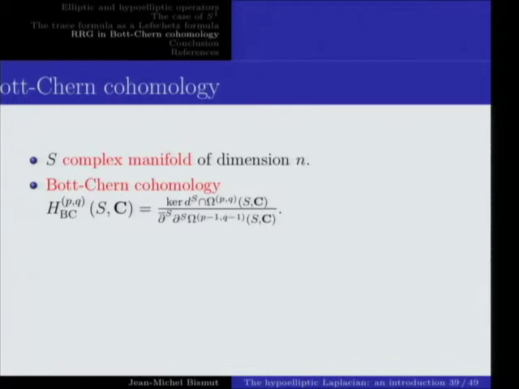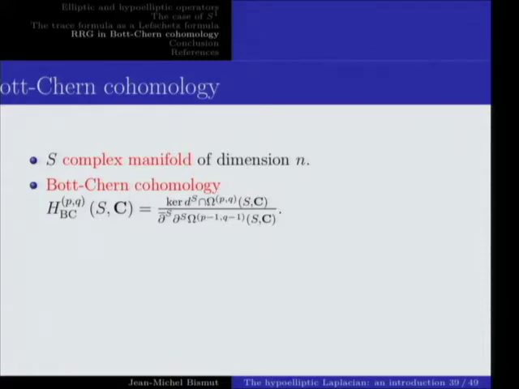So the Bott-Chern cohomology is a refinement of the de Rham cohomology. You take (p,q) forms and you look at those which are closed. And instead of quotienting by the image of d, you quotient by the image of d bar d.